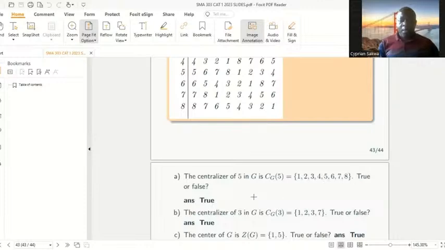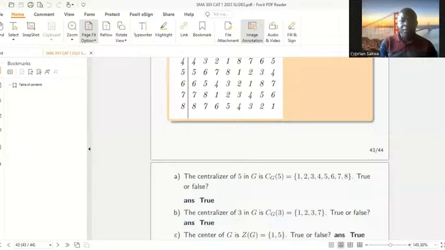True or false? So what is a centralizer? The centralizer of 5 will be the set of elements that commute with 5. We just come here and check what elements commute with 5.